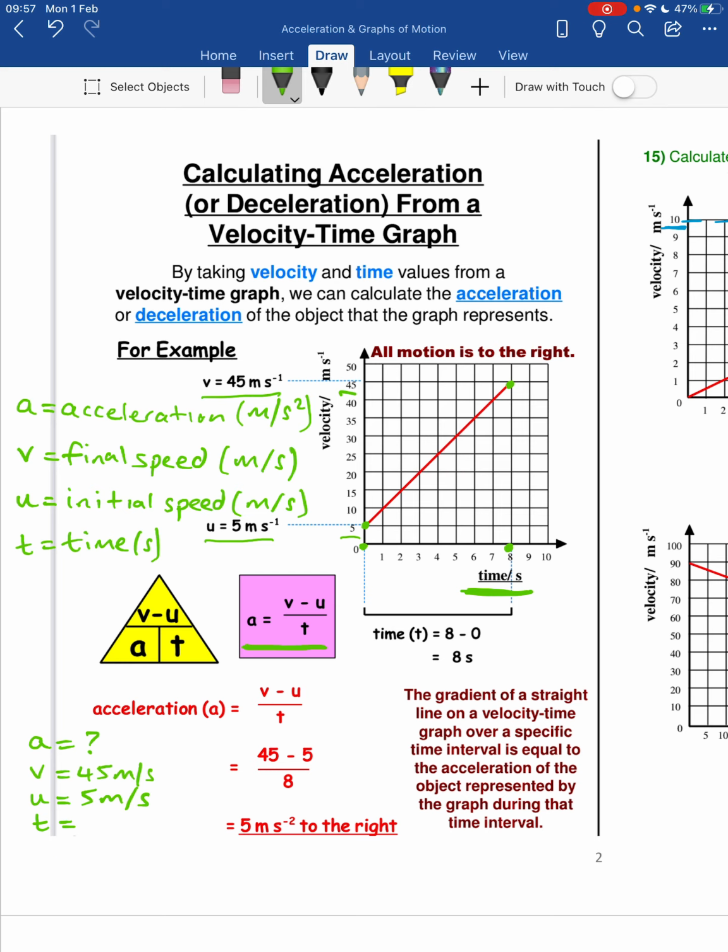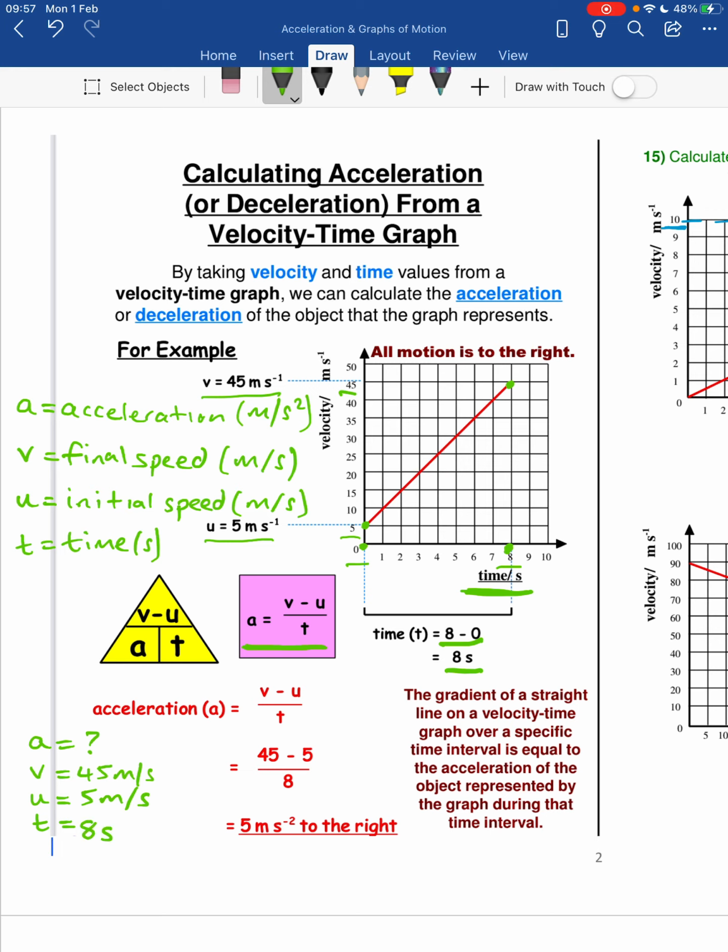So the period of time that the object's accelerating for is between 8 and 0. So we want the time difference between these two numbers. And in this case it's simple because it's just 8 minus 0. That tells us that the object is accelerating for all 8 seconds shown on the graph. So on our list, time becomes 8.